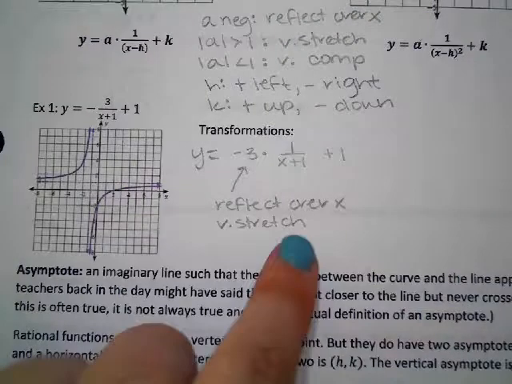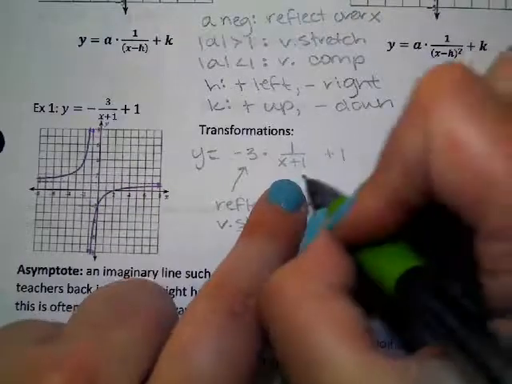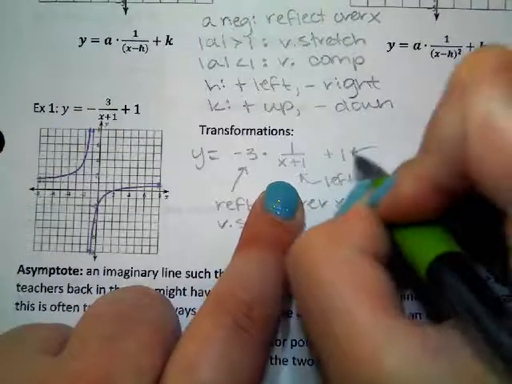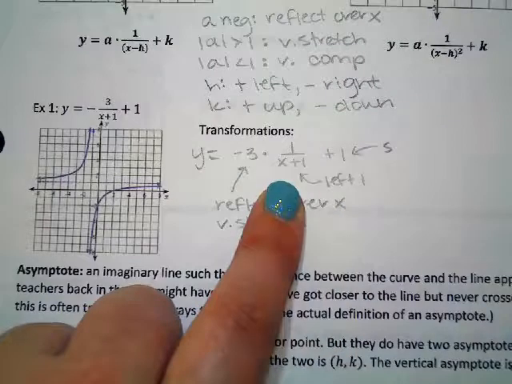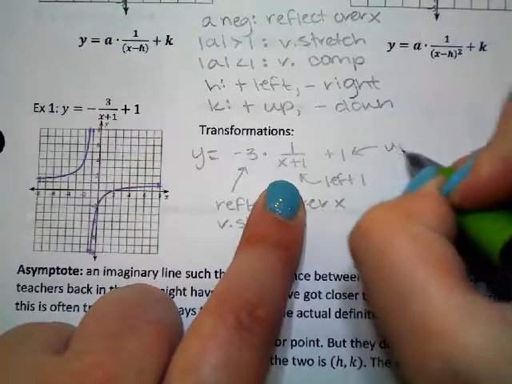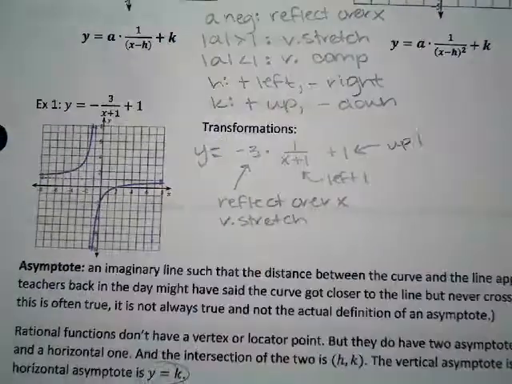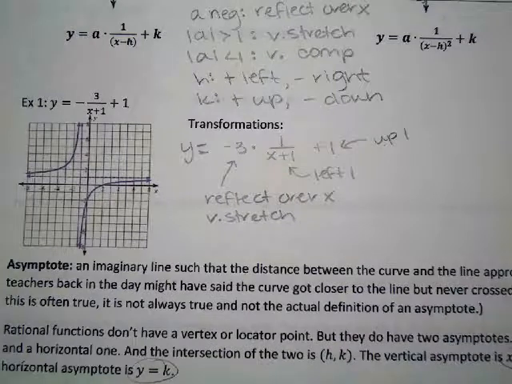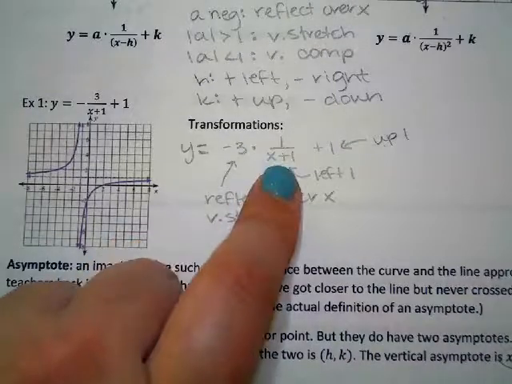Then down here I can see that the graph has shifted to the left 1, and it has shifted up 1. I wrote S for shift, but I don't need to write that. Now, the h and the k values are also going to tell me the asymptotes, and that's pretty common for us to find because it's very important.